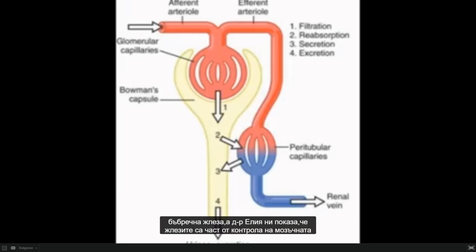You call it the renal gland, as Dr. Elia showed us. Glands are part of the brain's control system, and that's why it sits on top. It's such a crucial operation that it needs its own gland, which means the brain does not trust the physicality to do the job. It's a substation from the master, which is the emotional part. And that's why each section has its own control.